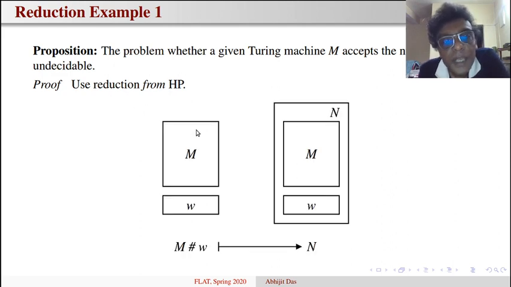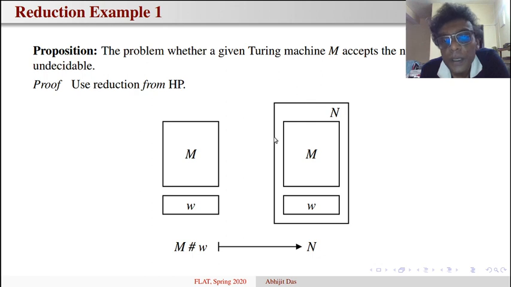So the reduction algorithm takes as input an instance for the halting problem, which is a Turing machine M, and an input w for M. It converts it to an instance of this problem whether a Turing machine accepts the null string.